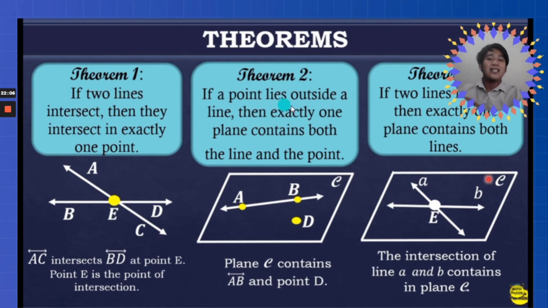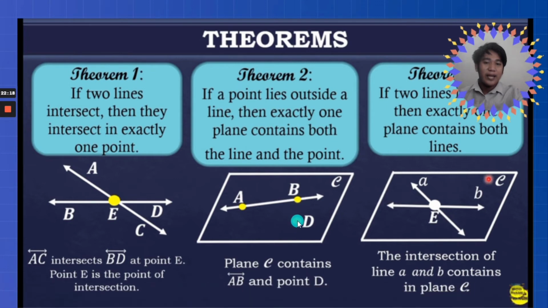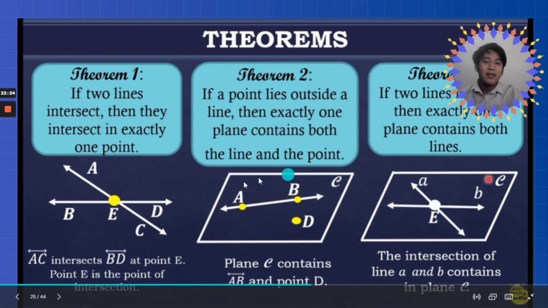If a point lies outside a line, then exactly one plane contains both the line and the point. Do you agree? Again, if a point lies outside the line, here is the point, point D, and it is lying outside the line AB. So meaning, there's only one plane that contains both the line and the point.